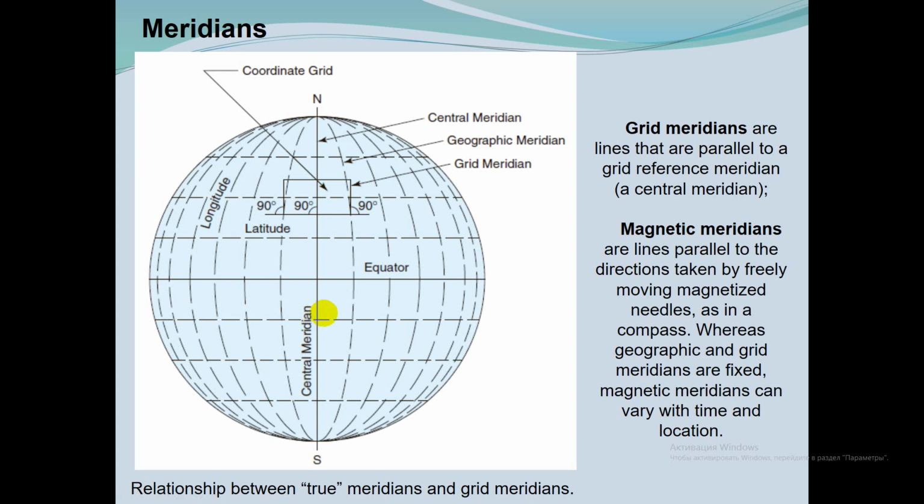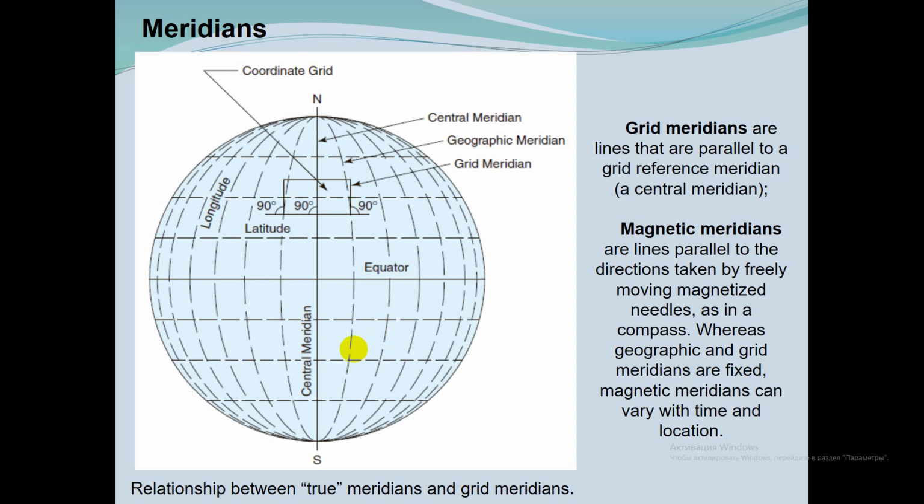Rectangular coordinate grids are discussed later. And what are magnetic meridians? Magnetic meridians are lines parallel to the direction taken by freely moving magnetized needles, as in a compass.